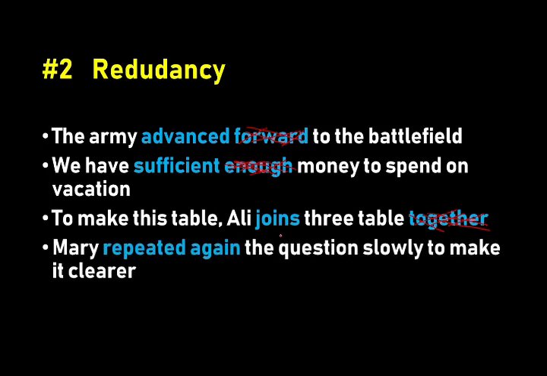Next, Mary repeated again the question slowly to make it clearer. Repeat here means to say again, or any word with the prefix re- always means again. So because the word repeated already means again, we don't have to use the word again.